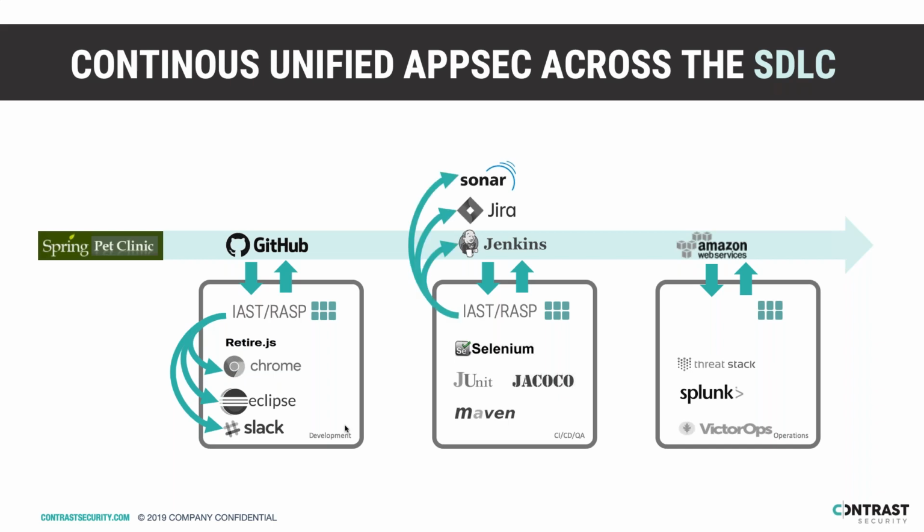When you get to the CI/CD QA stage of things, this is great because now you have that assurance that you're going to release a quality build that passes muster from an AppSec security standpoint. So some nice things happen when you directly integrate with your Mavens, your testing tools, your Selenium tools, when you directly empower Jenkins and so forth to use embedded application security as a quality gate every time you do a build. And notice something else here about testing.